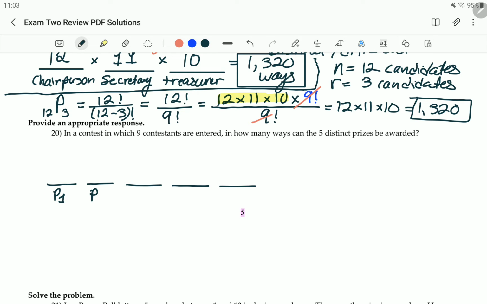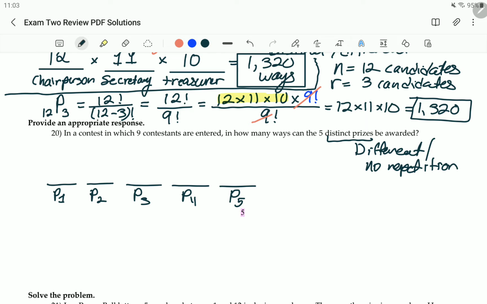P1, P2, P3, P4, P5. Once again, distinct means that they're different, which means that there is no repetition. Okay, let's continue. And because there's prizes, that means the order is also important.